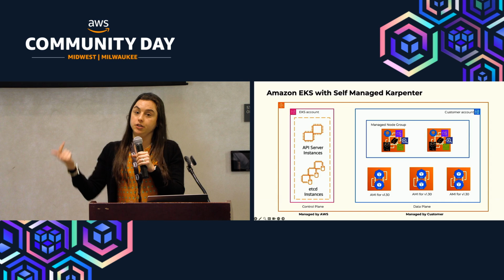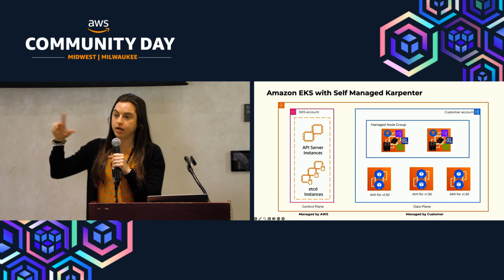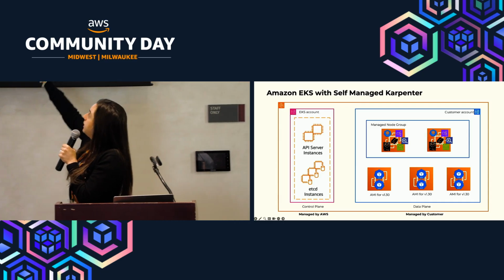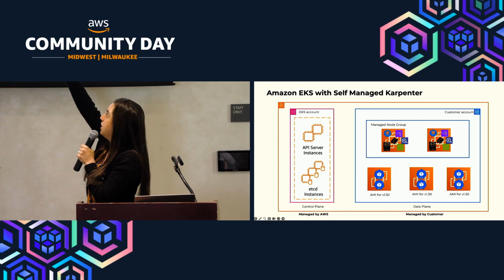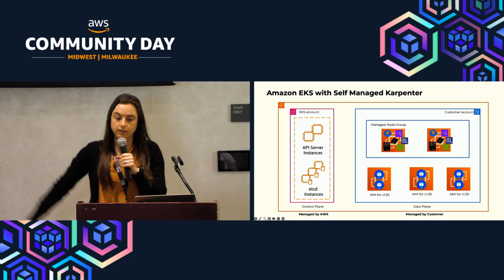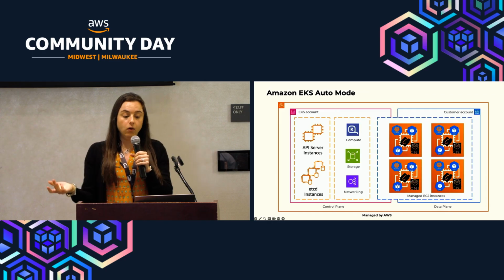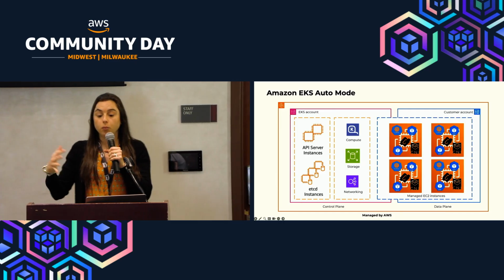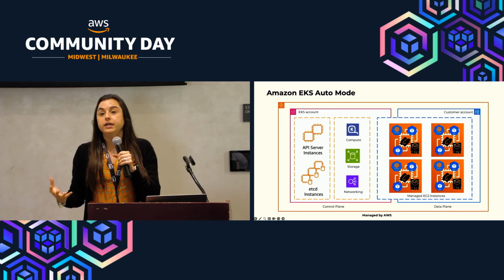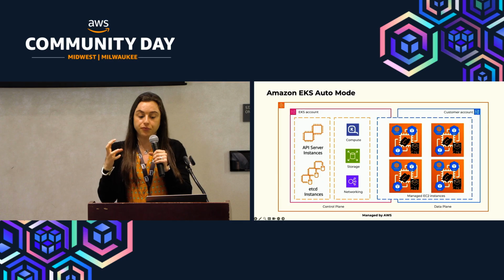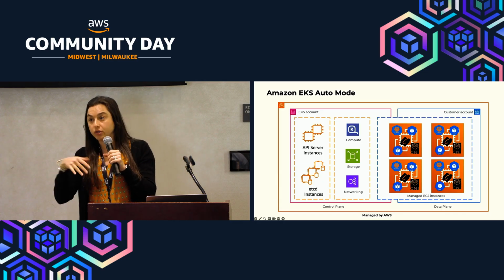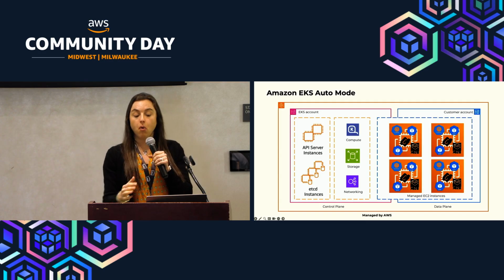This is what it used to look like. I shared at the beginning how EKS looked, and this is with self-managed Karpenter. You can see the add-ons, and now it looks like this. AWS pretty much takes the complexity of Karpenter, wraps it up, and manages it for you. So it still uses Karpenter under the hood, but it does more than that.